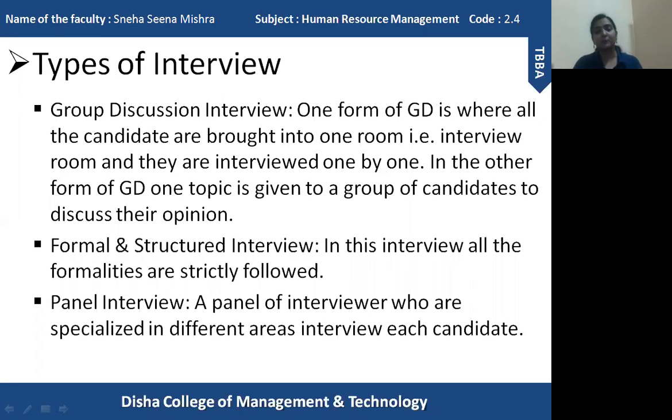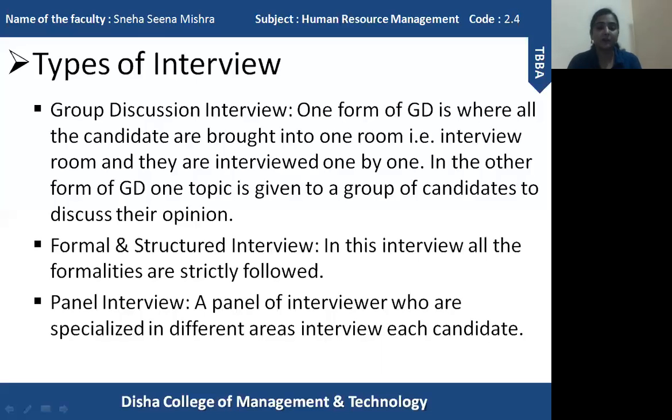A panel or a few interviewers will be there, and one by one they will take the interview of each candidate, and all the candidates will be in one room instead of waiting outside. They will be waiting for their turn, and each and every candidate will be interviewed individually. That is one form of group discussion.